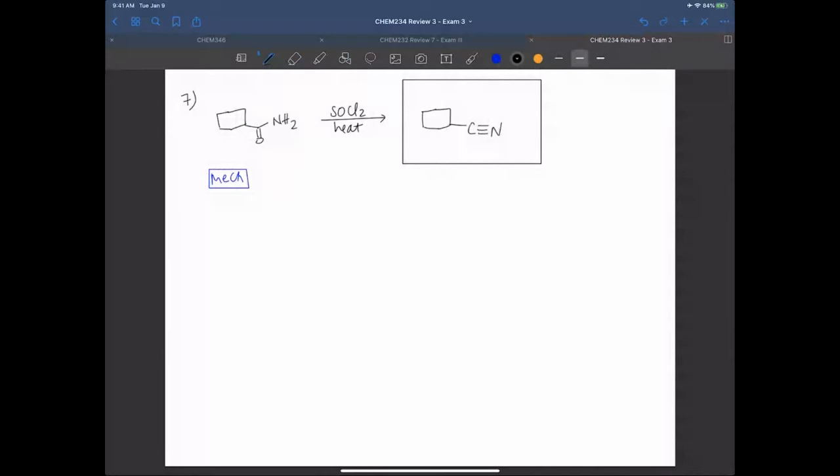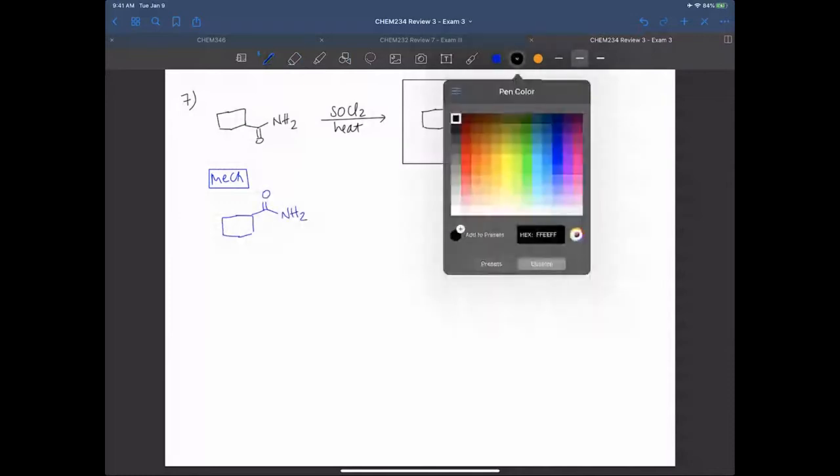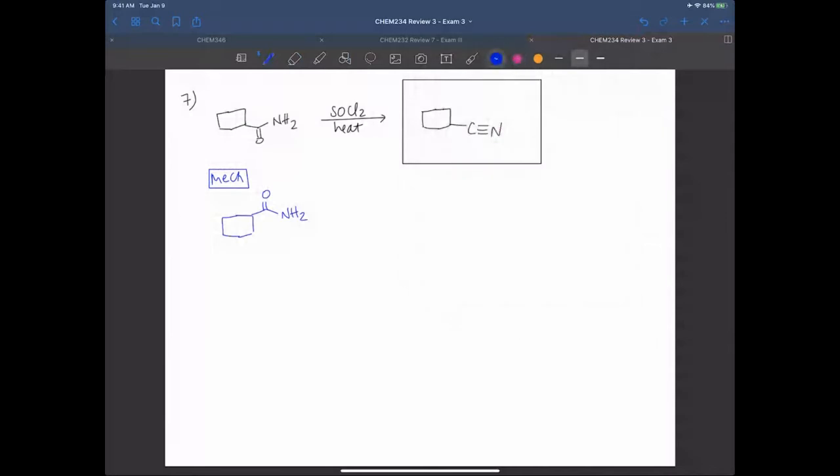Okay, so let's look at the mechanism, just to refresh your memory. I'm starting with this, and the first thing that, it's not thionyl chloride, sorry. Don't forget that amides have a lone pair.